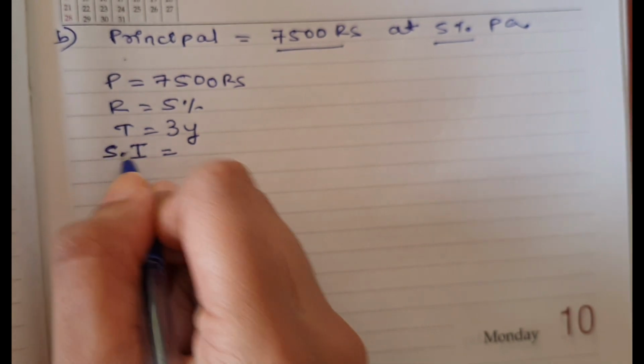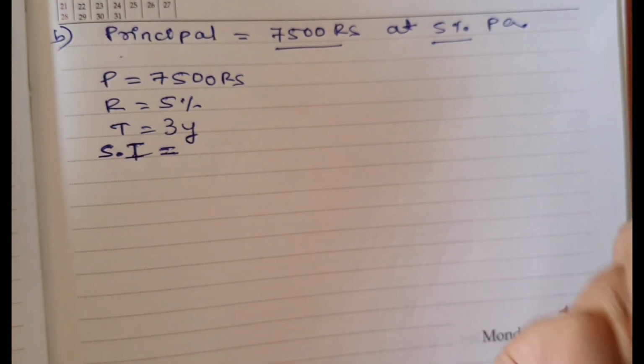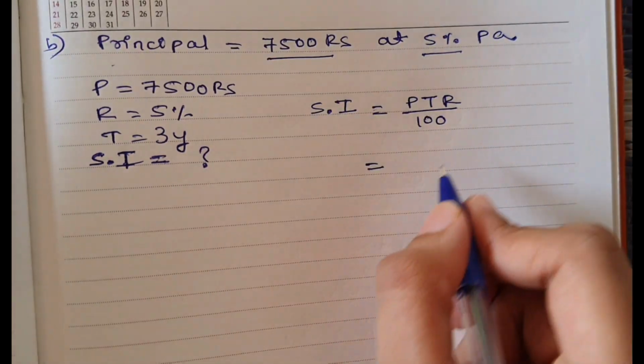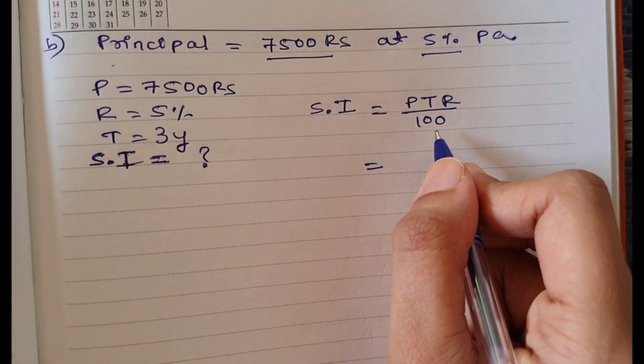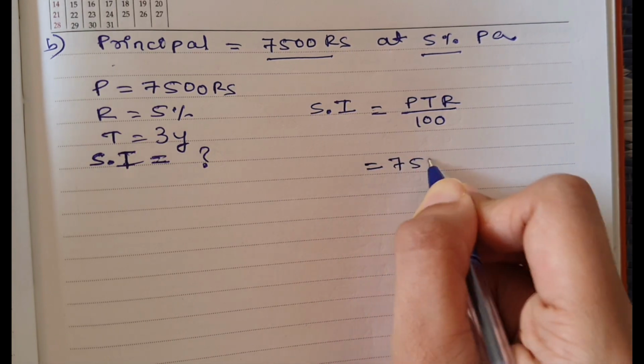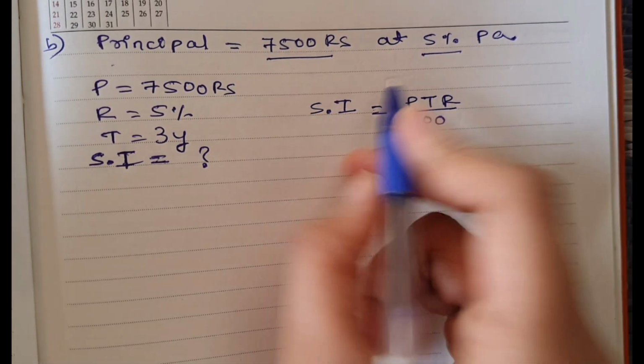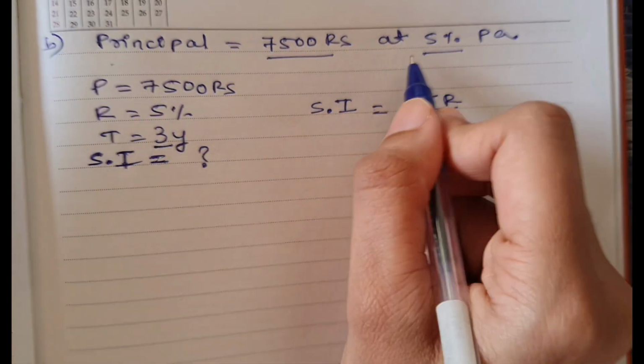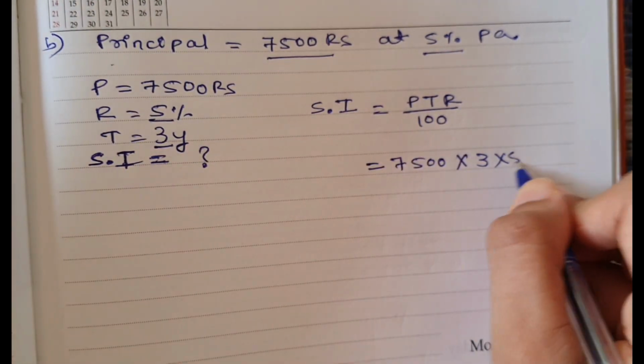Now let me substitute the values in this formula. Simple interest is equal to 7500 multiplied with T, which is 3 years, multiplied with R, which is 5%.